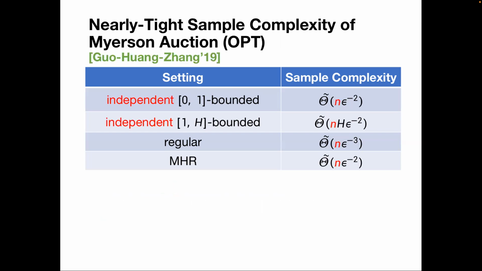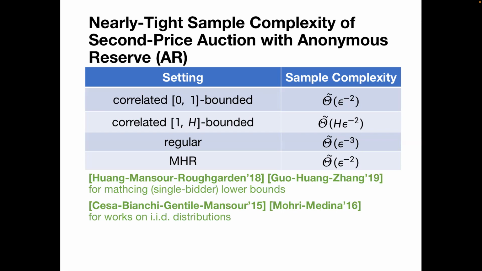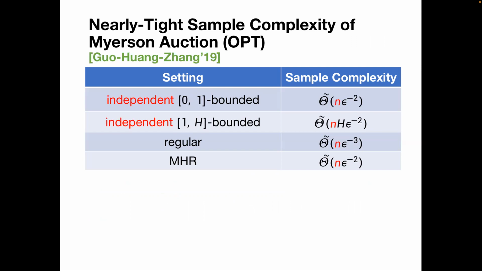It's interesting to notice that this tight sample complexity has no dependence on the number of bidders, and the dependence on epsilon, the approximation error, is exactly the same in every setting as the Myerson auction.